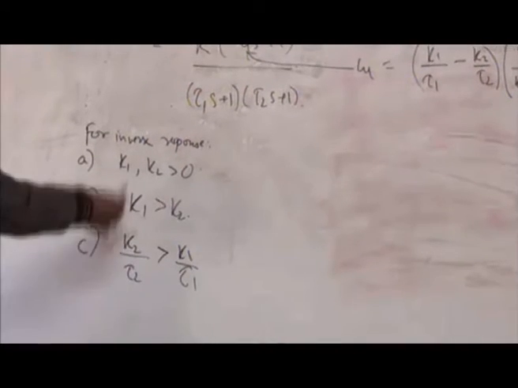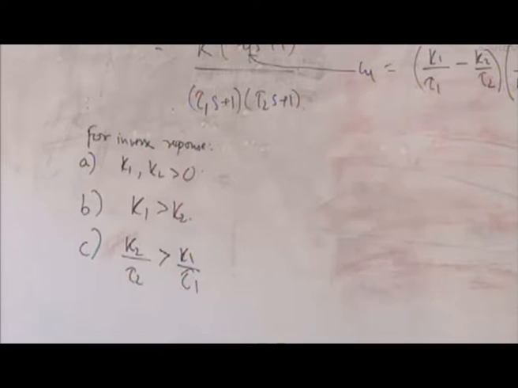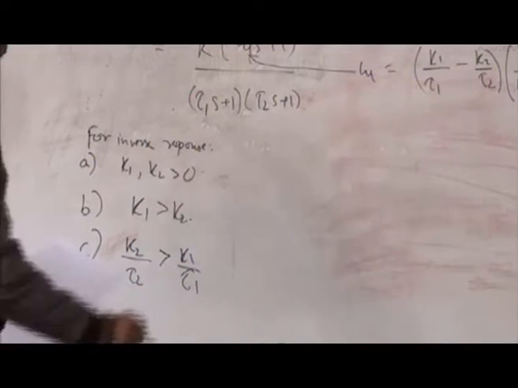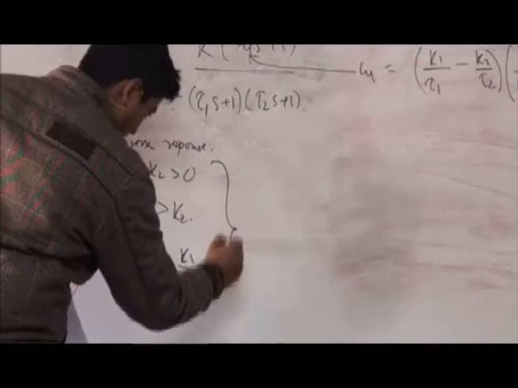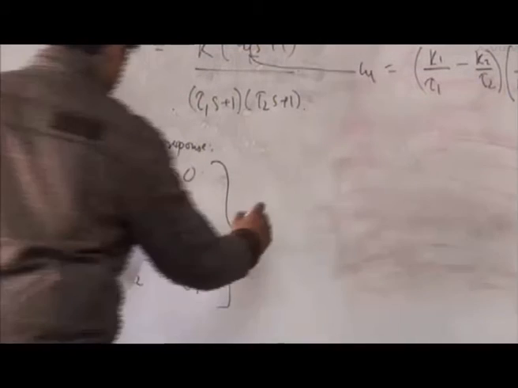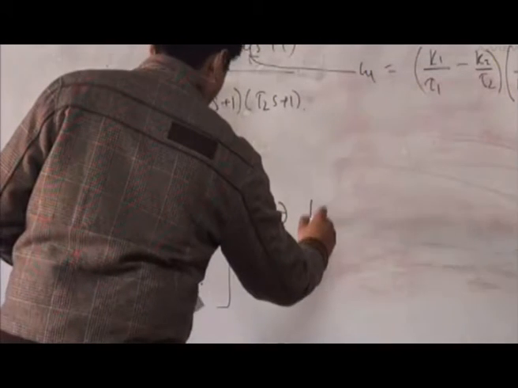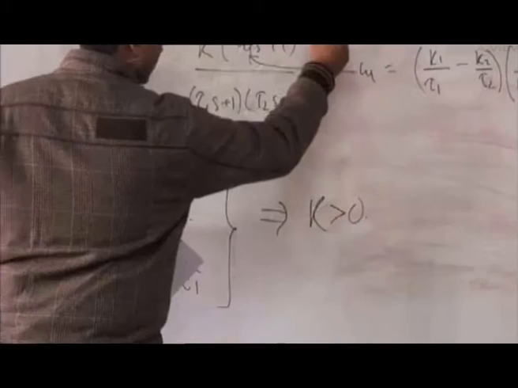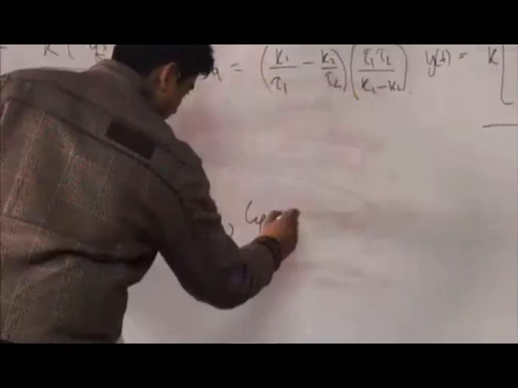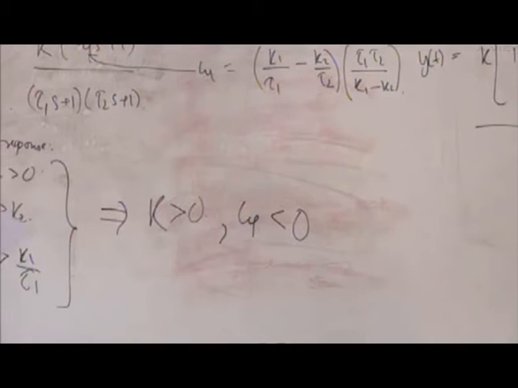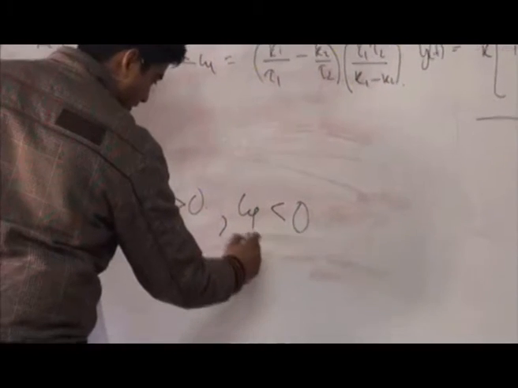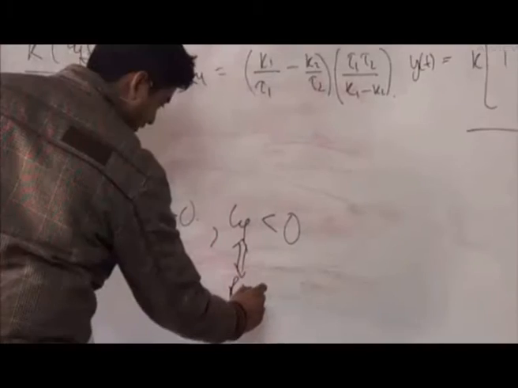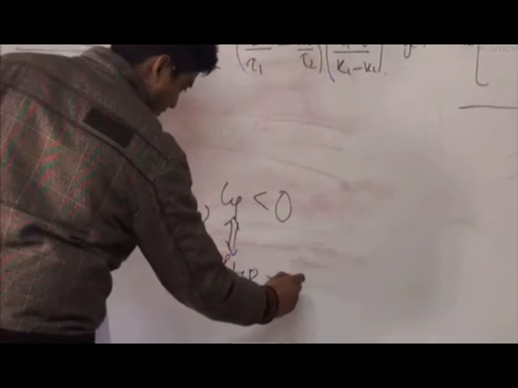If all these conditions are satisfied, then you will see an inverse response. And if I club them all up, it eventually means that this k is greater than 0 and z is less than 0, which is equivalent to saying that you have right half plane zeros.